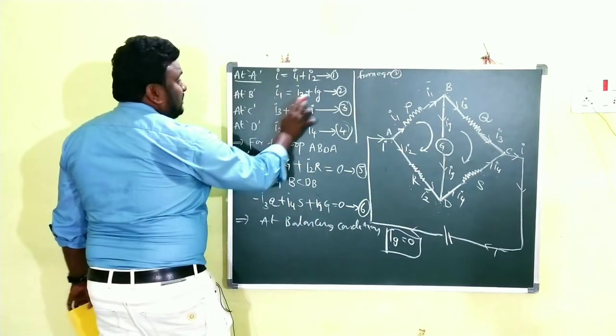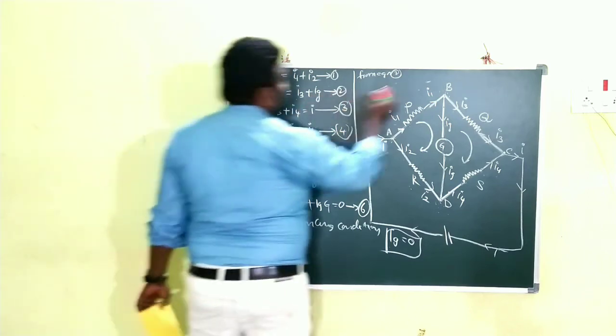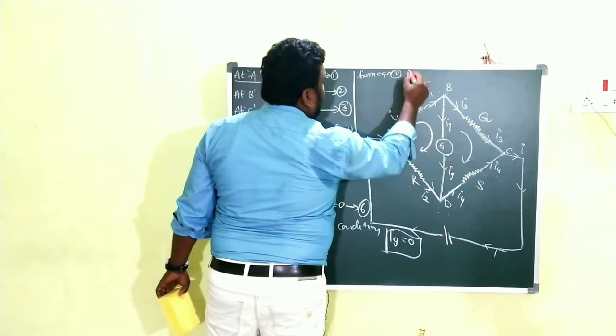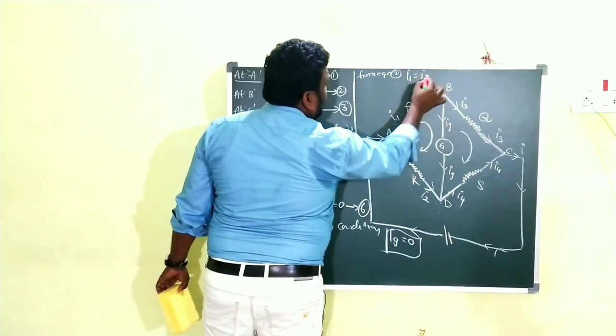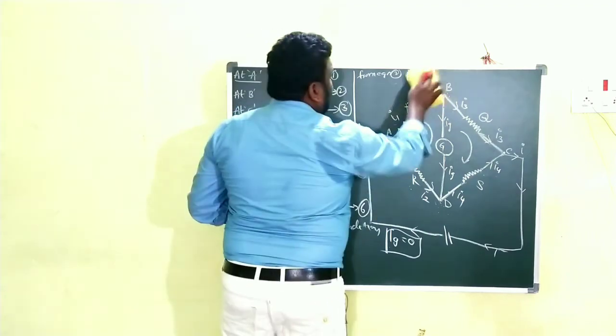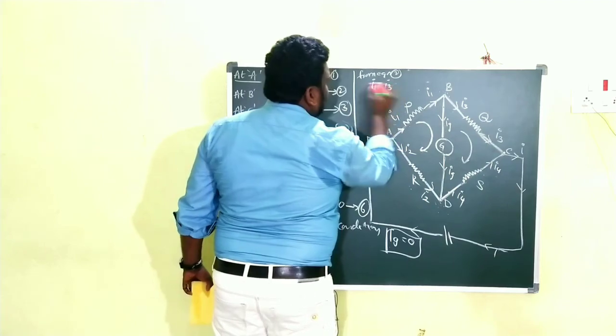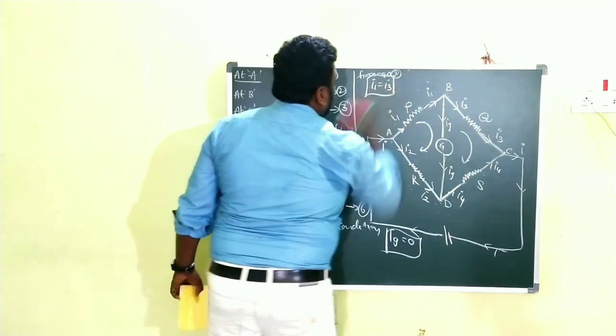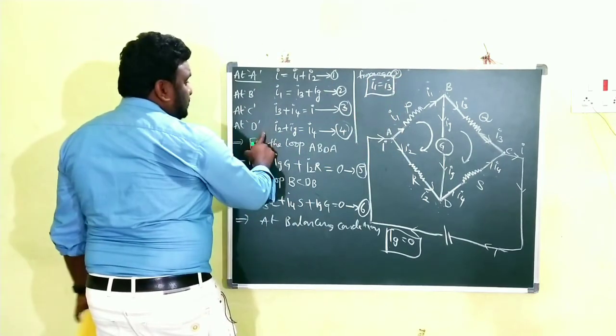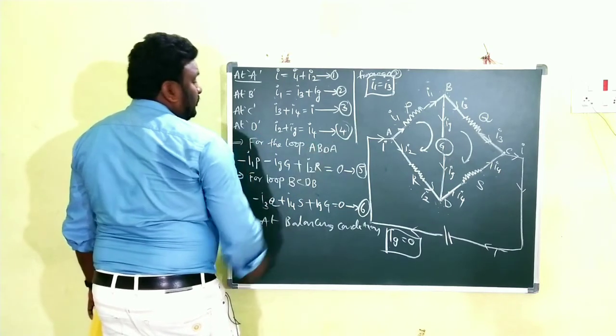I1 is equal to I3 plus IC. IC value is 0, so I directly write I1 is equal to I3. From equation 2, I1 is equal to I3, children. Clear? And similarly, from equation number 4.